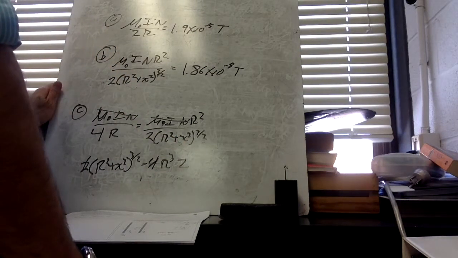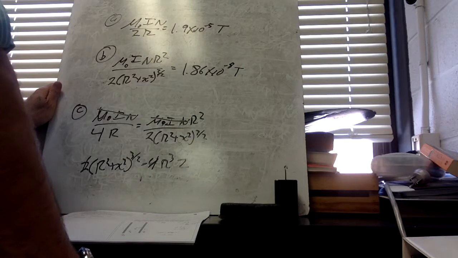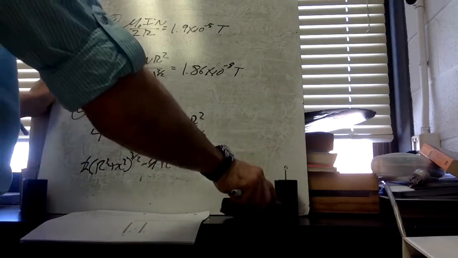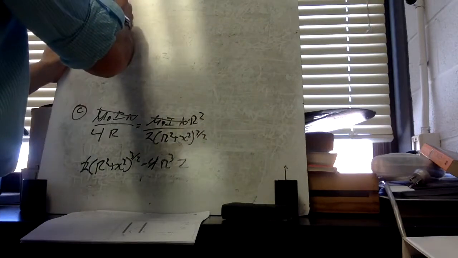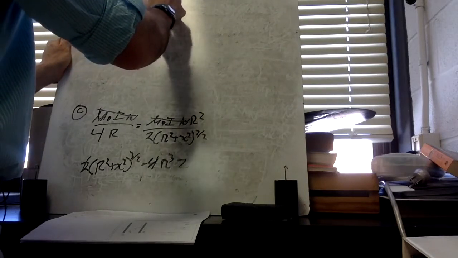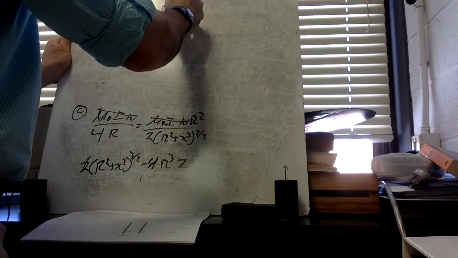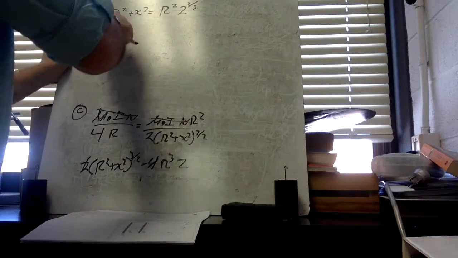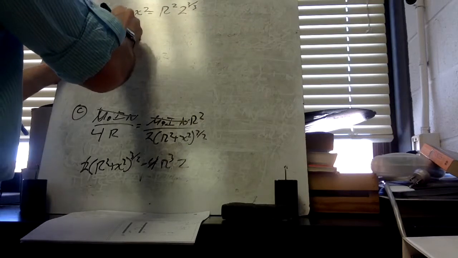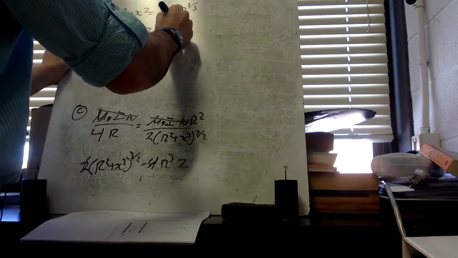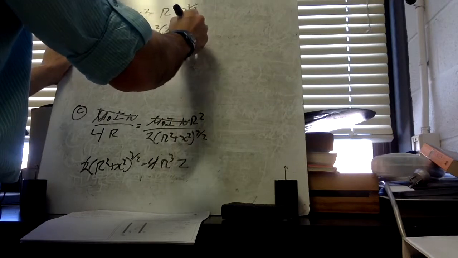All right, so now I'm going to take everything to the 2/3 power. And let me go up here so I have a little more room to work. So I'm going to have r squared plus x squared equals r squared times 2 to the 2/3 power. Now I'm going to subtract this over to this side. So I'm going to have x squared equals r squared times 2 to the 2/3 minus 1.